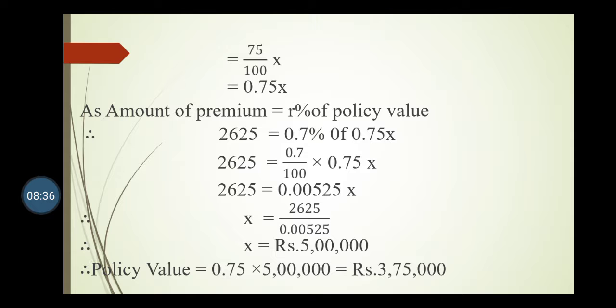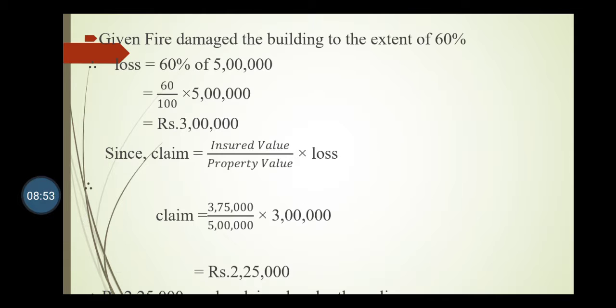And when we solve this, we will get X equals 5 lakh. So, the policy value will be 0.75 into 5 lakh, which is equal to 3,75,000. Given fire damaged the building to the extent of 60%.